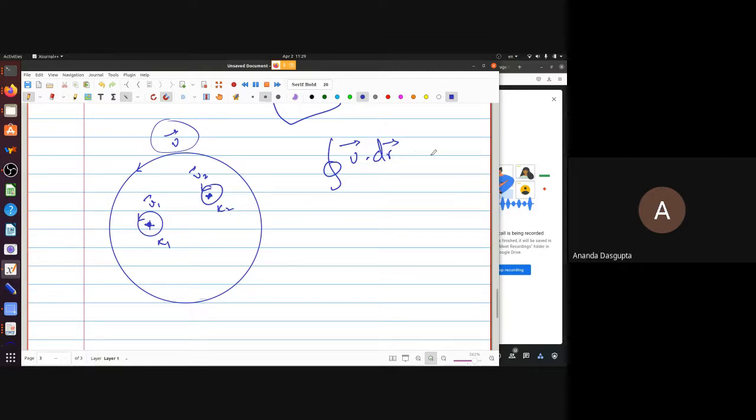That is, how much is this integral over this contour gamma, if you know these two? So this is known, and this is known. Can you tell me how much this integral is?